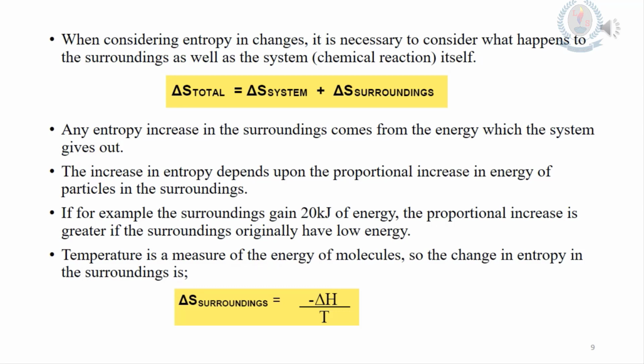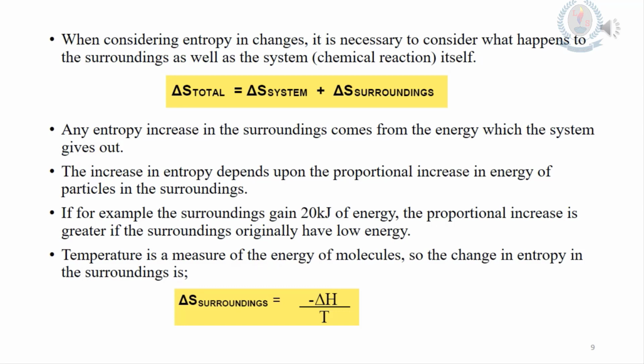So because of that, we can say delta S total. It means change in entropy total equals change in entropy of the system, delta S system, plus change in entropy of the surroundings, delta S surrounding. So we can easily say delta S total equals delta S system plus delta S surrounding.